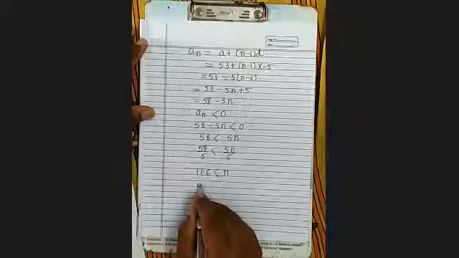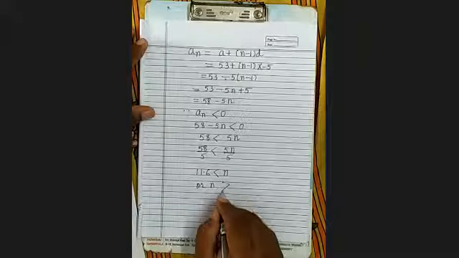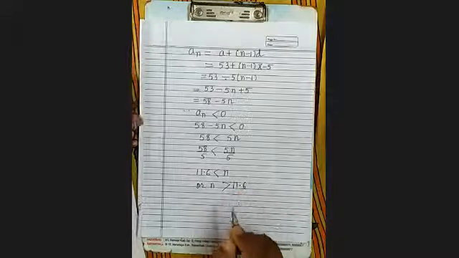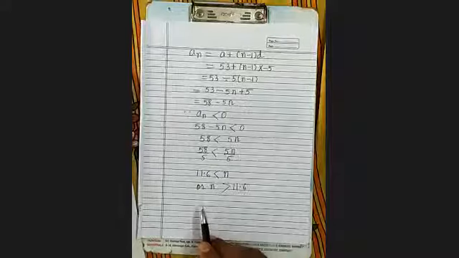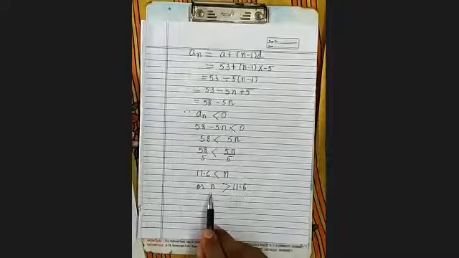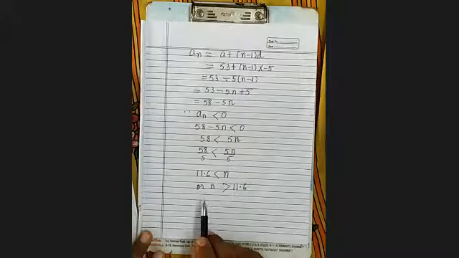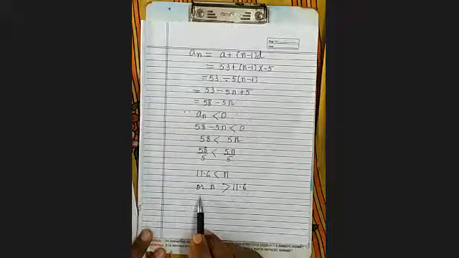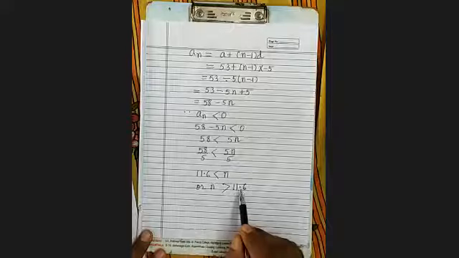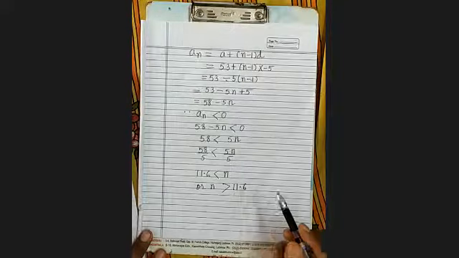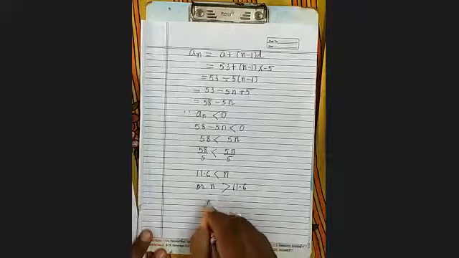Or n is greater than 11.6. Tell me, which whole number is just bigger than 11.6? So it is 12. So n equals 12.